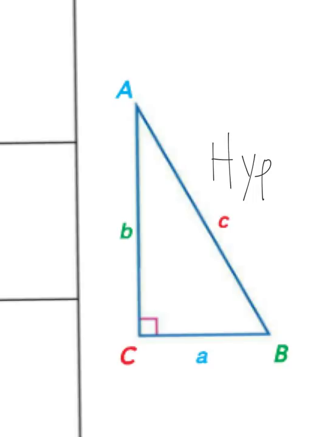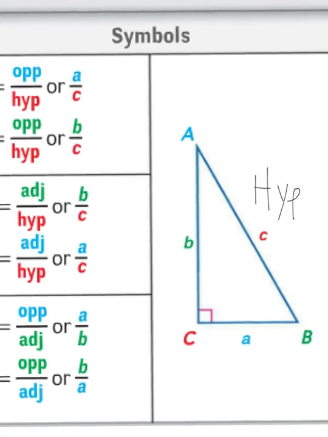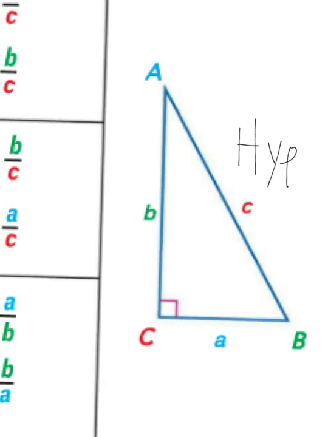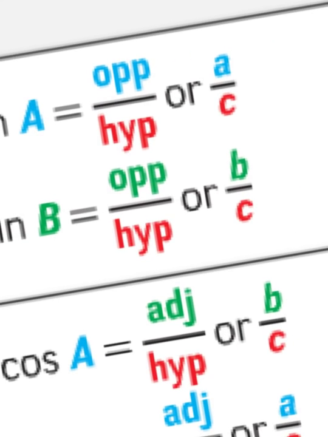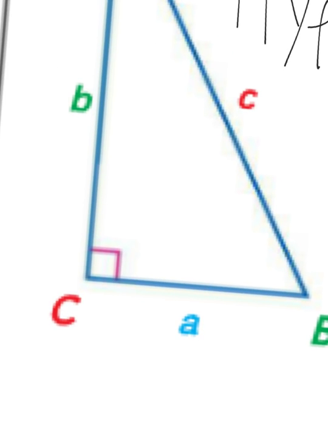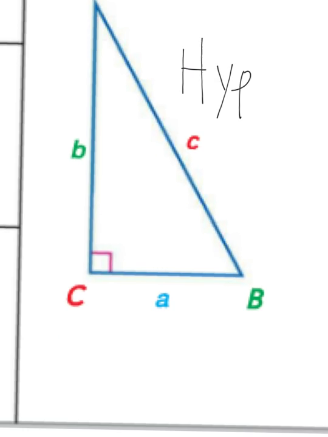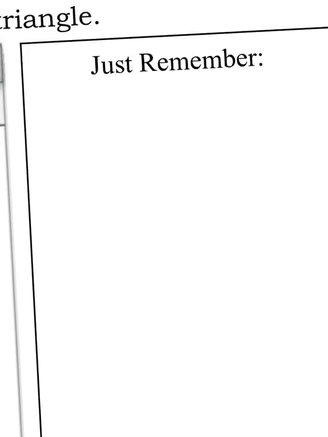And the opposite side depends on what angle you're looking from, which is why this says A over C, because the little a is opposite of angle A. And then you see it says sine B, and it says little b over C, because looking from the capital letter B, the little b is across from it. It's opposite of it. And this one's the hypotenuse. That's kind of what I mean. I'll talk more in detail about it later, but I wanted to just write this down.